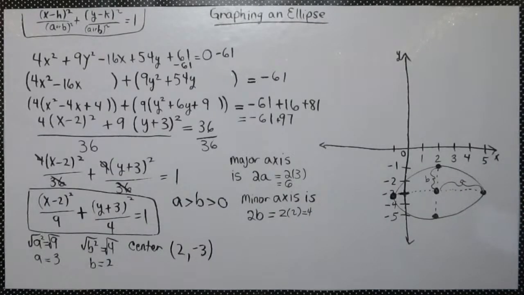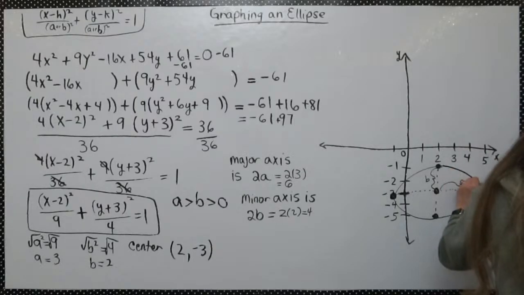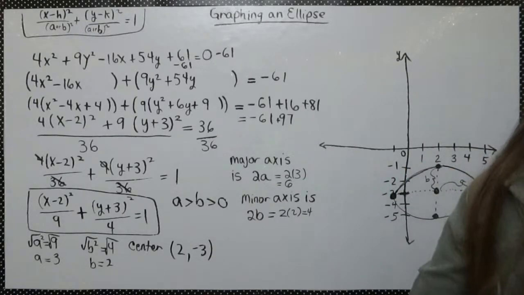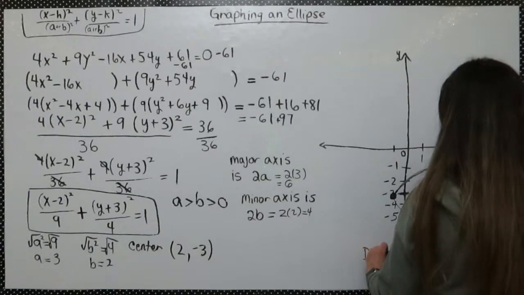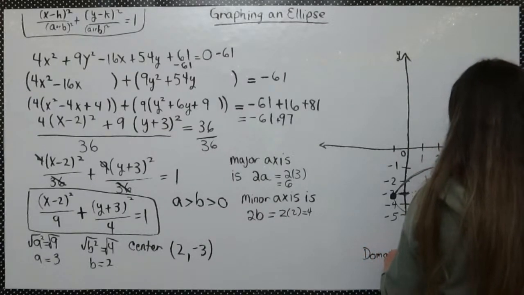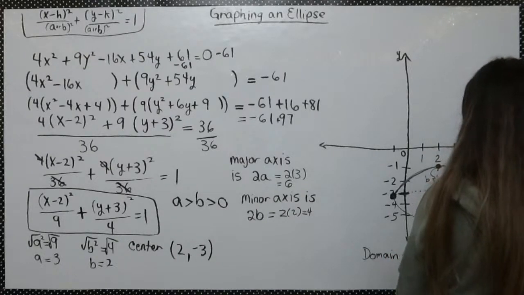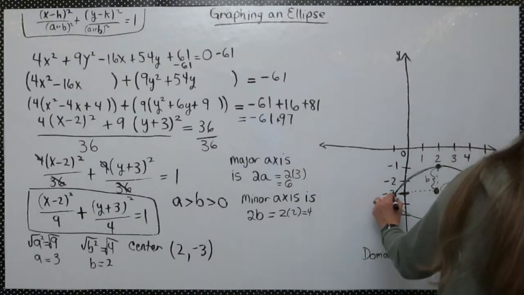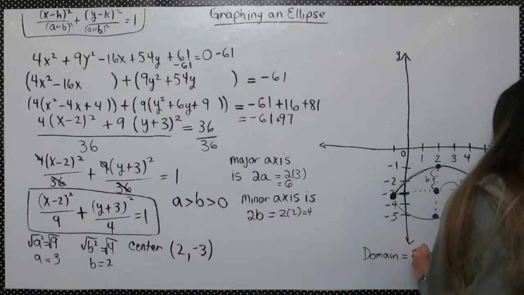Okay. The domain and range. We're going to have a bracket, because this function only exists from -3 to +5.